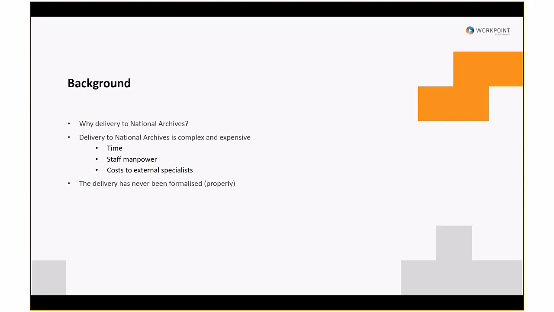They store information for future reference, and it's very common that public and semi-public organizations are by law obliged to deliver data and documents to these archives, and not just delivering them as a dump of Word or Excel files. They actually need to be in specific formats. There are very strict rules for how this should be done, and most National Archives have their own set of rules, which are often close to each other, but of course there are small differences.